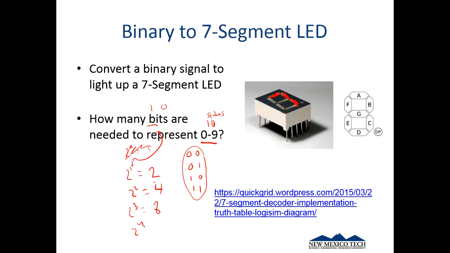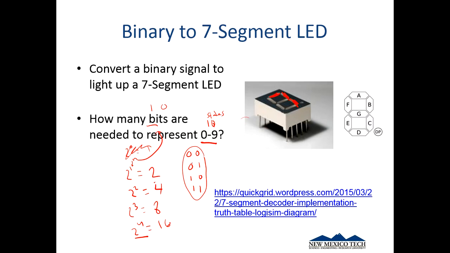So I have to go all the way to 2 to the 4, which is 16. Now, in order to represent 0 through 9, I basically have to have 4 bits, and that gets me above the number of states I need to represent. And some of these states aren't going to be real values, they're not going to be 0 through 9, they're going to be something else.